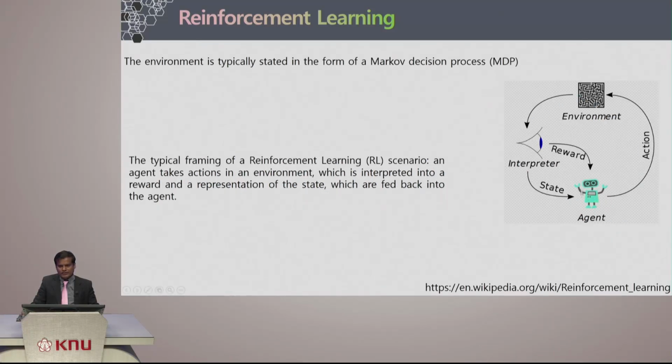So you have this agent, and this agent receives an input from the environment. Initially the agent takes an action and this action is given to the environment. Maybe this action is not taking us to the required goal, so the environment gives feedback.